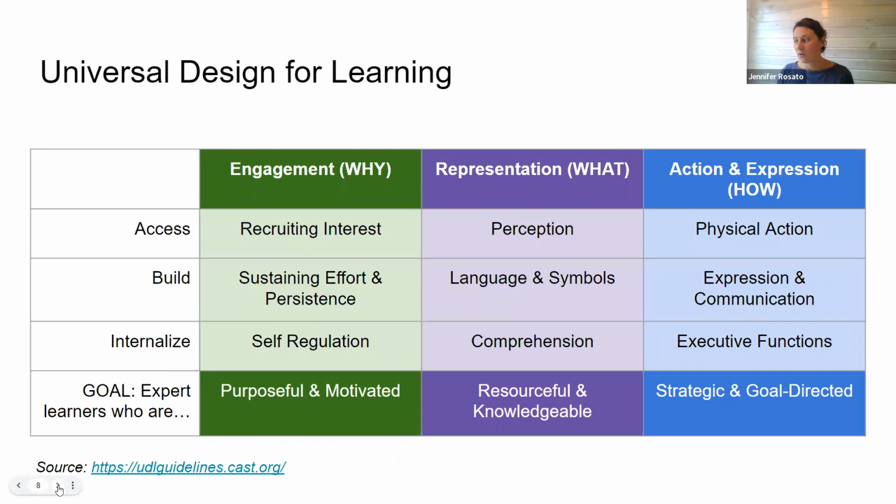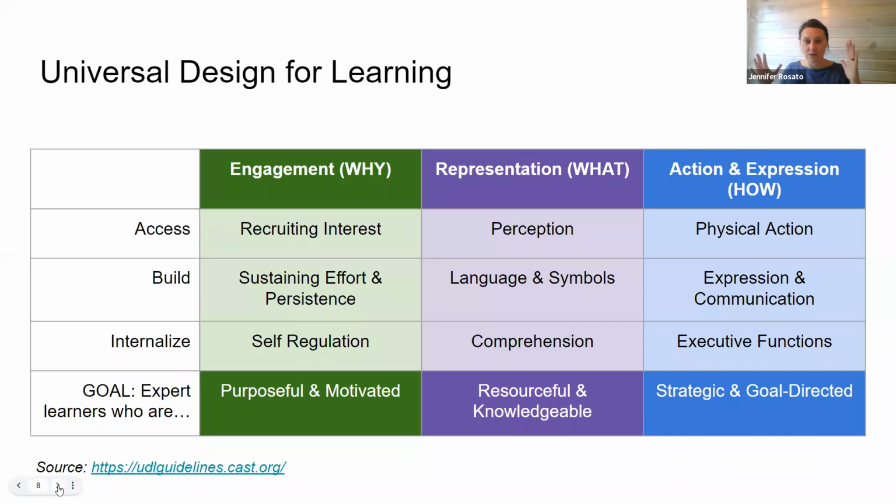I also wanted to go over briefly this idea of universal design for learning, UDL. You might have heard of that before, but just a quick overview, and then I'll make some connections to how that shows up in computer science before we dive into Liesa and Edyn sharing about their programs.